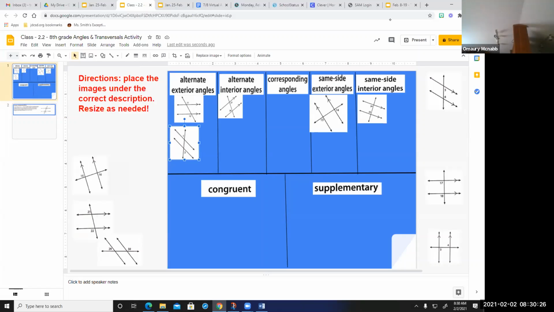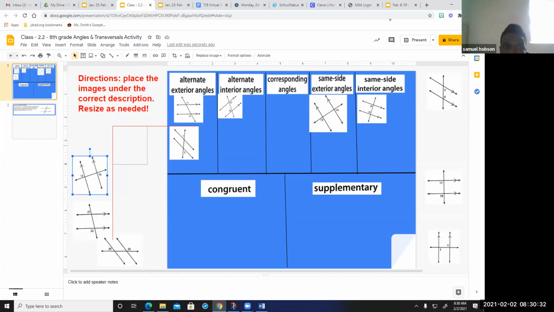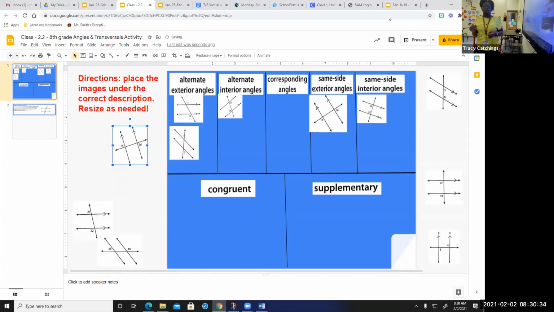15 and 16, alternate exterior. All right, and what do we know about alternate exterior? It's on the outside and on opposite sides.